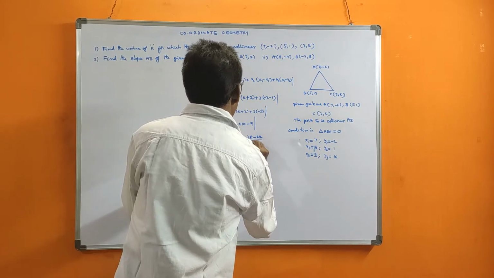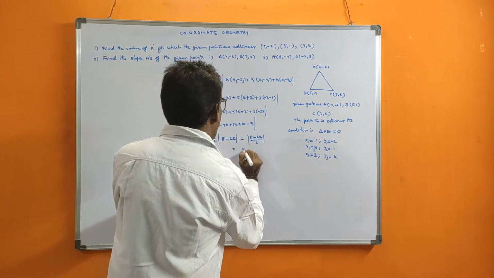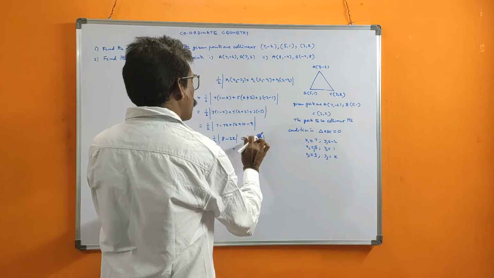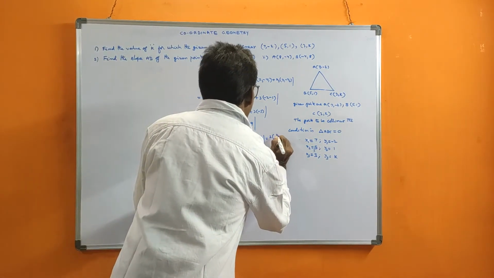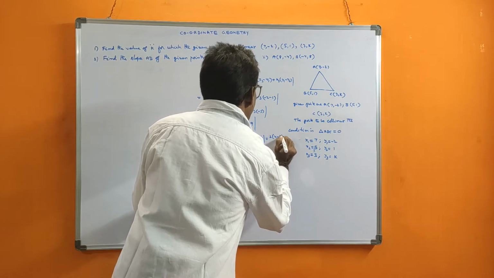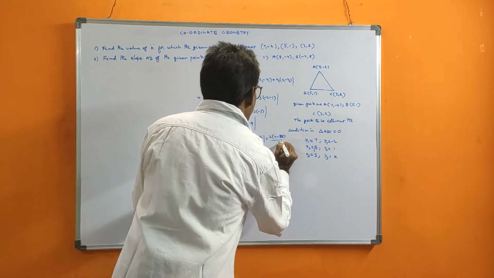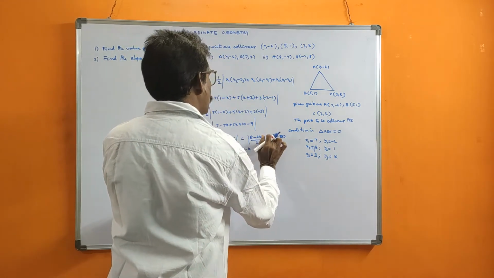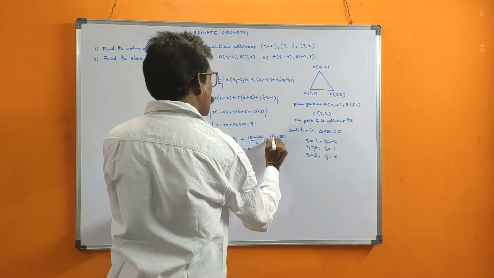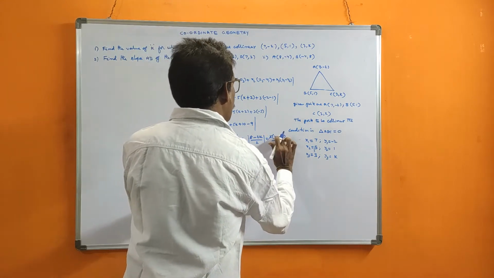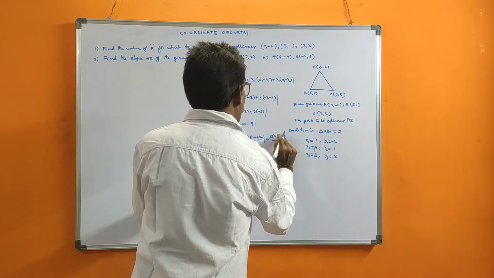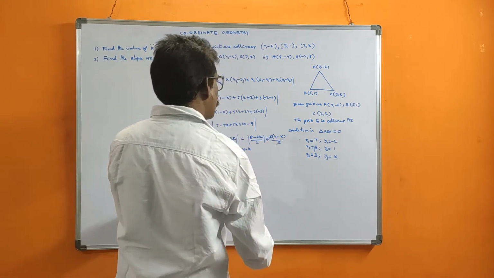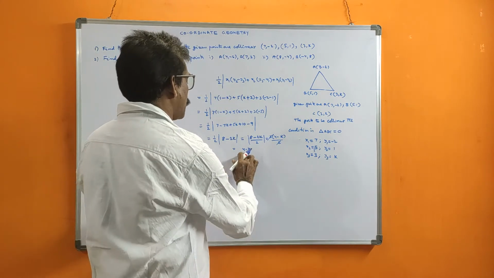Taking 2 common, 2 into (4 minus k), so the 2 cancels with the half, and we get 4 minus k.